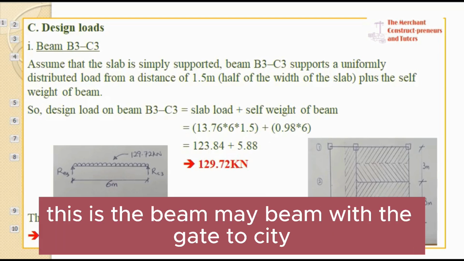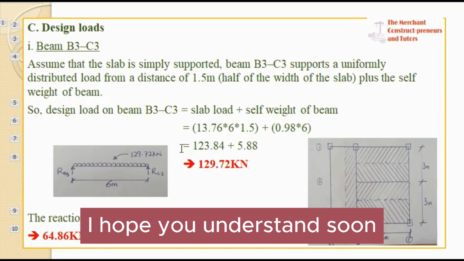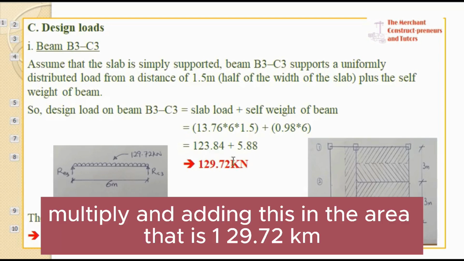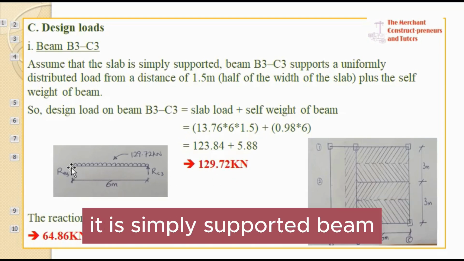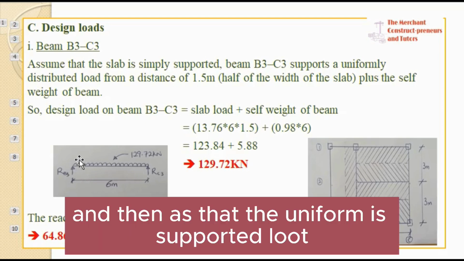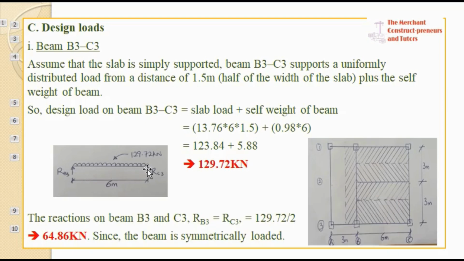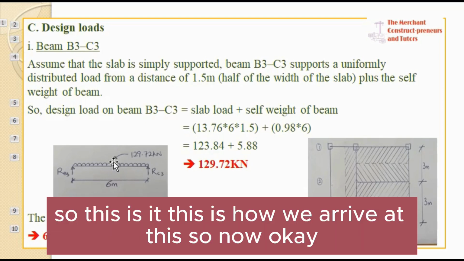This is the beam here, beam B3 to C3. I hope you understand. So multiplying and adding this up, we have 129.72 kilonewton. This is the assumption we made: it is a simply supported beam, and it exerts a uniformly distributed load on the beam. This is how we arrive at this.